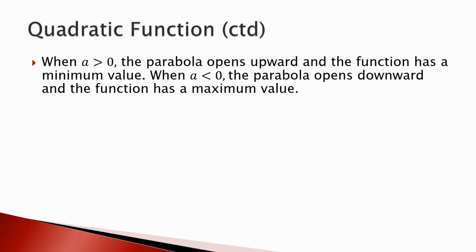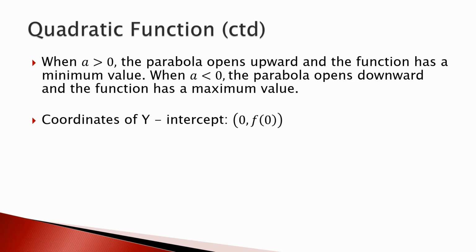So these are some properties of quadratic functions. So when a is positive, the parabola opens upward and the function has a minimum value. When a is negative, the parabola opens downward and the function has a maximum value.